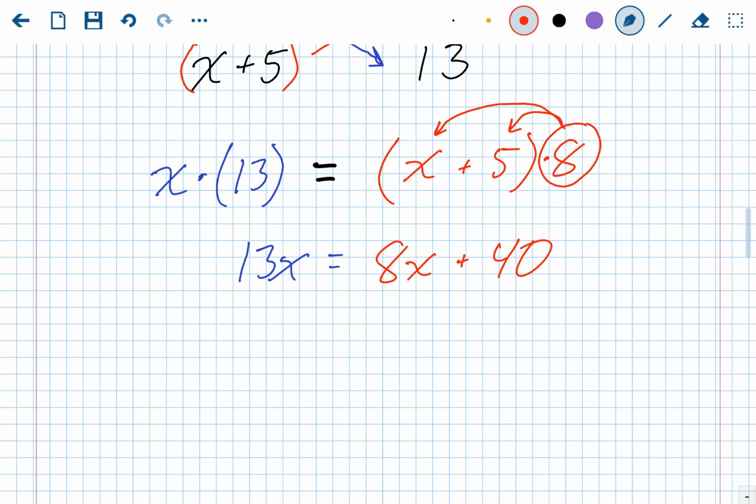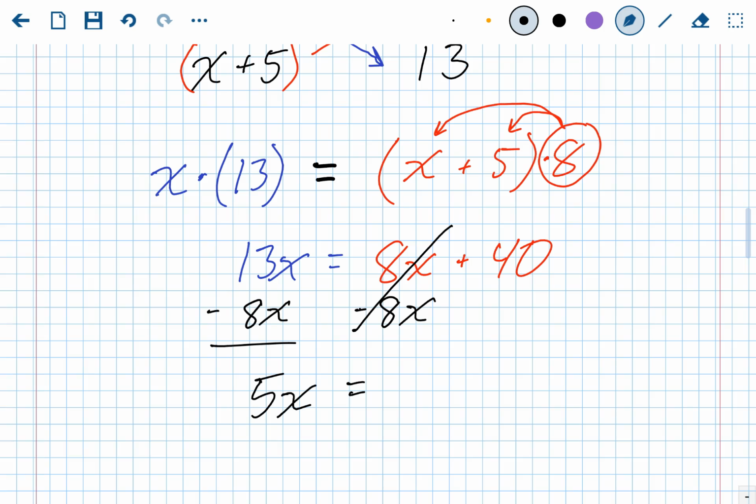All right, now just solve for x. 40 is a constant. It's already on the right side. So I'm going to move the 8x from the right to the left. On the right side, it goes away. On the left side, we have 13x minus 8x, and it equals 5x.